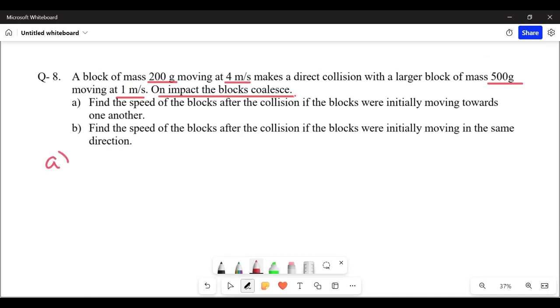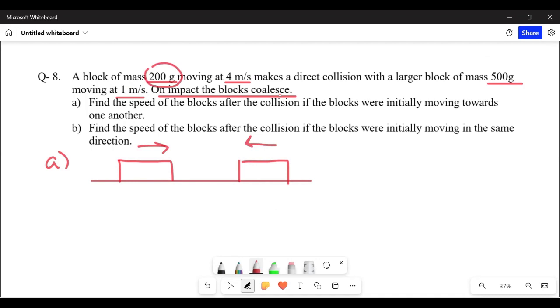Okay, so for part A, we're saying that the blocks are moving towards one another. So something like this. First block has a mass of 200 grams, but we have to write this in kgs because that's the SI unit. So divided by 1000, it's going to be 0.2 kgs.